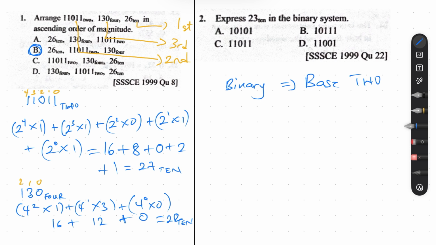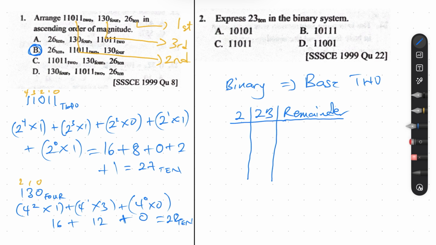So what we do is you put 2, then we put the number you want to change. This is the base 2, right? Then the number we want to convert, we write it here, 23, which is base 10. Then write the remainder right here. Remainder. You don't have to write it in full, but I'm writing it just so you can know what is that.